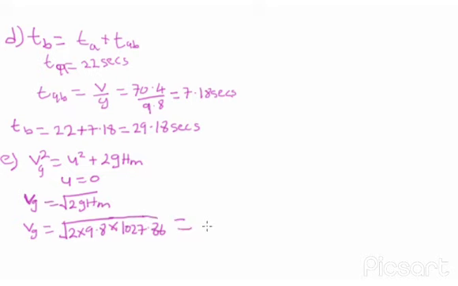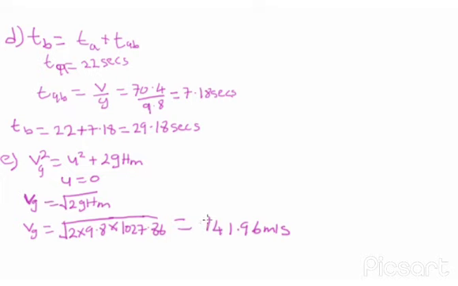If you use your calculator, you have your velocity to be 141.96 meters per second. Note that velocity is a vector quantity, so it must have direction. I told you earlier that the upward direction of the rocket, we took it as positive.